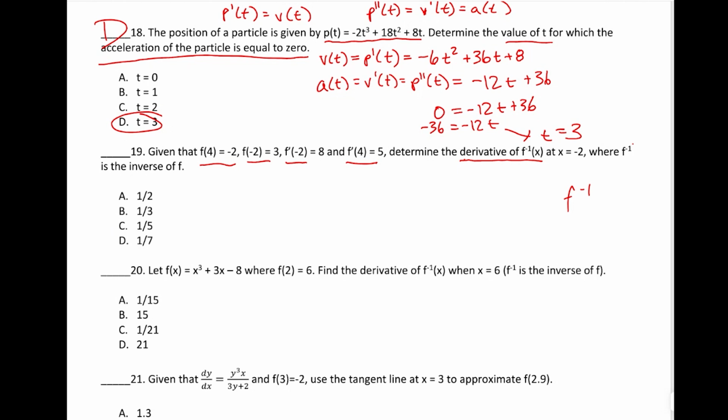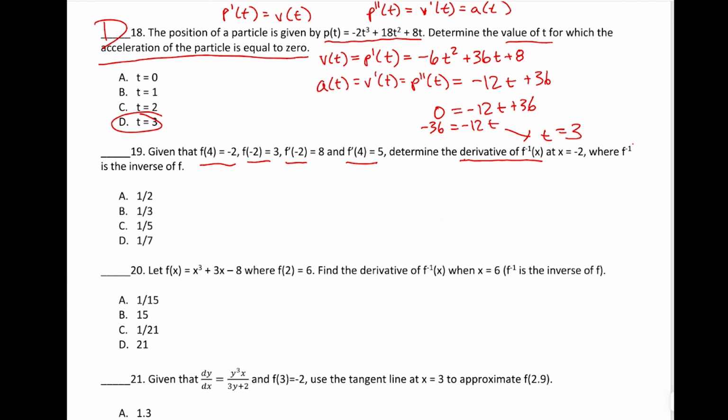So the AP test will be pretty explicit about stating when it's supposed to be the inverse. I don't want to say it's safe to assume, but very rarely are you going to get something like this and it means 1 over f, which would be the reciprocal.